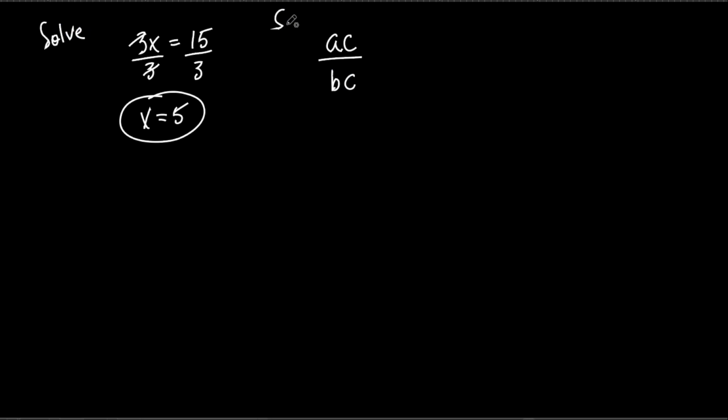On this one, they would say simplify. So what can you do here? I got AC over BC. Go ahead, Carter. Yeah, what she said. That's all right. So you can cancel out the C's because anytime you have something over itself, it just becomes a 1, doesn't it? Anything divided by itself is a 1, so that we say cancels out. But really, it divides out to be a 1. That's what technically is happening. And what are you left with here? Just A over B. Now, of course, this A, B, and C stuff represent numbers, right?